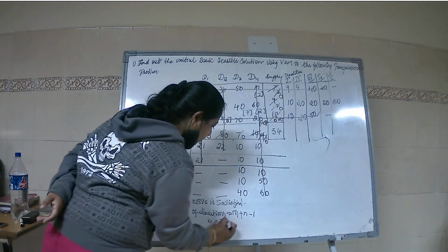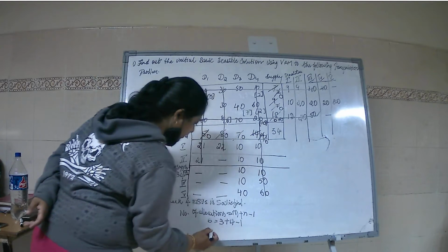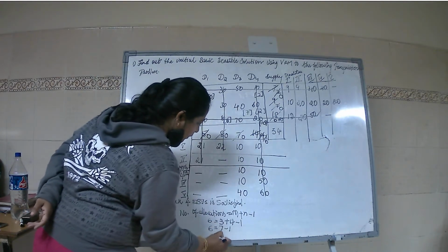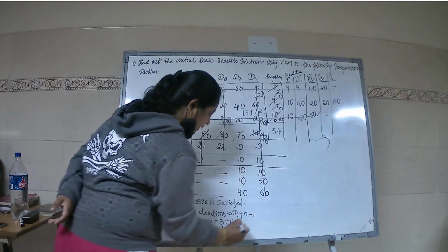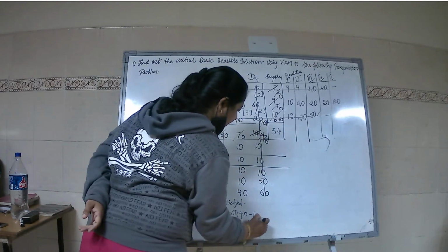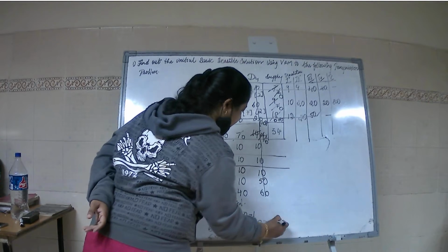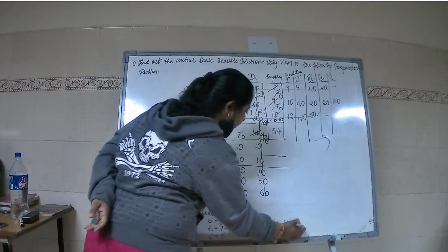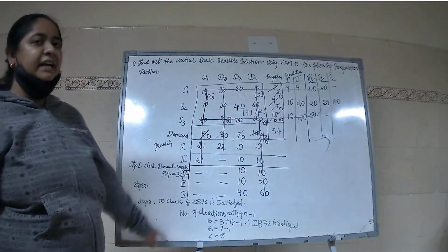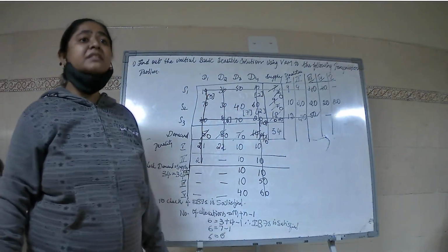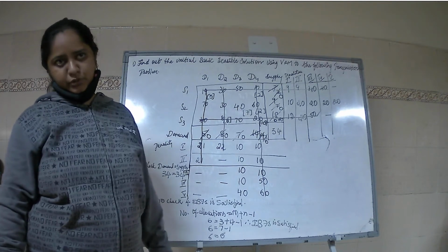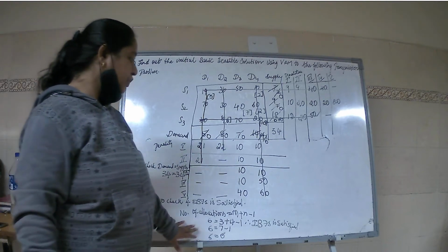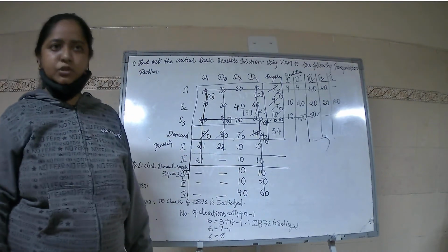Rows are 3, columns are 4, minus 1. 3 plus 4 minus 1 is equal to 7 minus 1, that is 6 is equal to 6. Therefore, IBFS is satisfied. Remember students, if IBFS is not satisfied, then the problem is a degenerate basic feasible solution. At that point you can say that the solution is a degenerate basic feasible solution.